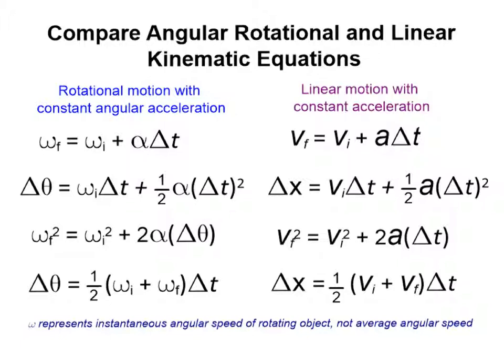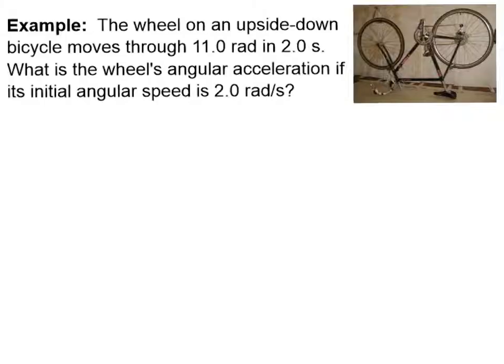And you can just directly compare these to each other and see how those variables are changed for the different types of motion. Just a little note is that omega represents instantaneous angular speed of the rotating object, not the average angular speed. So let's look at one last example using angular kinematics.